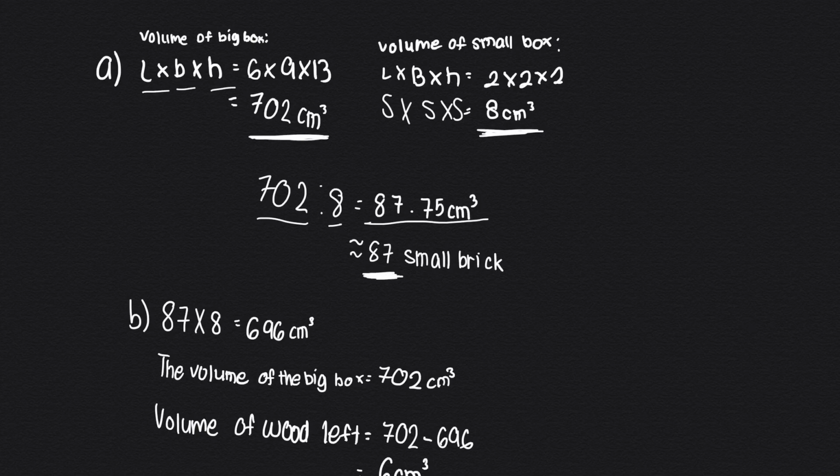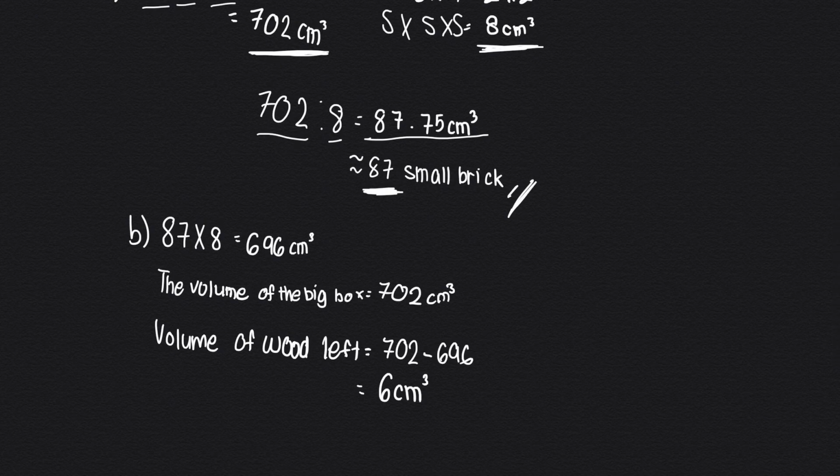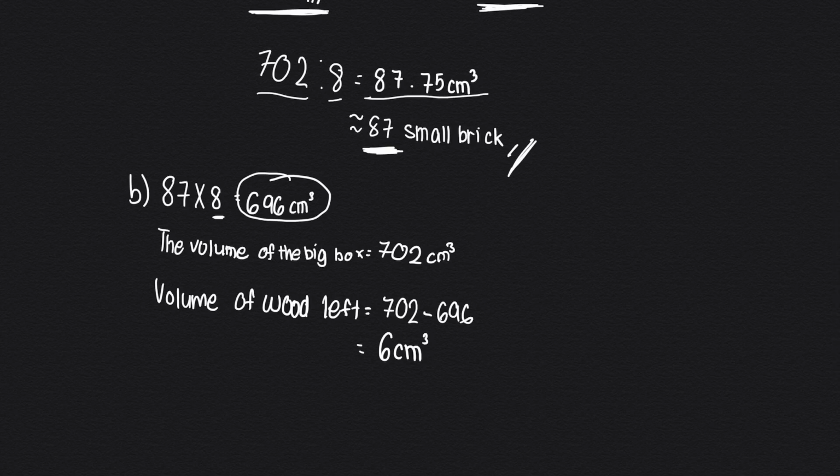So that's the answer for question A. Now for question B, we multiply the number of small bricks with the volume of a small block, which is 87 times 8, which equals 696 centimeters cubed. The volume of the big block is 702. So to find the wood left, we subtract 696 from 702, which gives us 6 centimeters cubed.